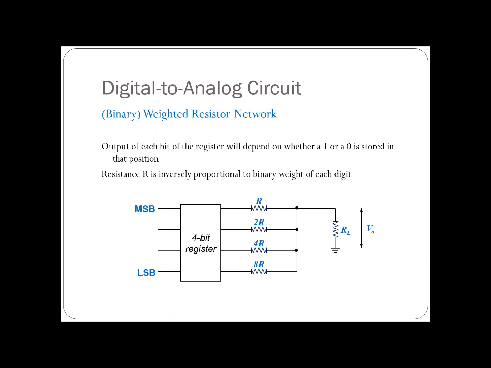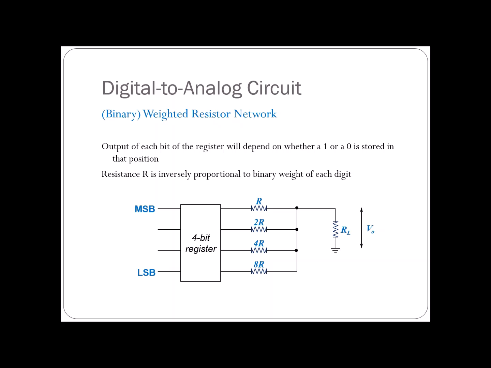So we need to convert from digital back to analog. How to do that? We use a digital to analog circuit. Perhaps you sometimes hear the term D to A. Digital to analog is normally abbreviated as a D2A circuit.